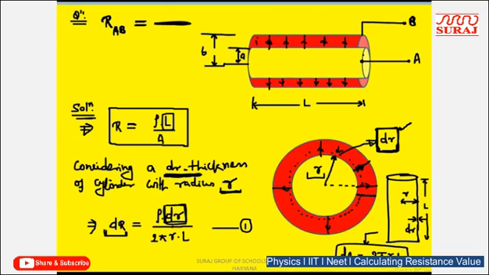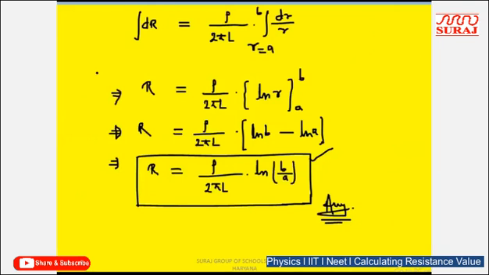So we have to take help from integration, and integrate the radius from the inner surface to the outer surface. Integrating from r equals a to r equals b, we get the answer rho upon 2 pi L times ln b by a.